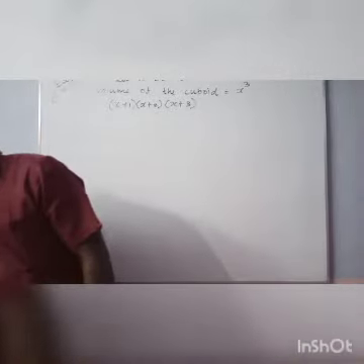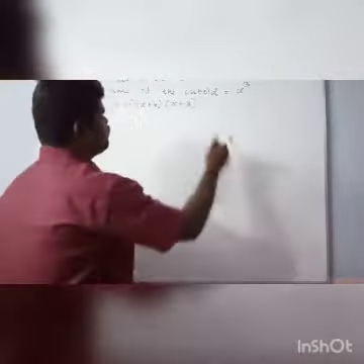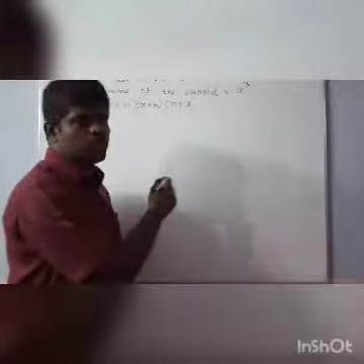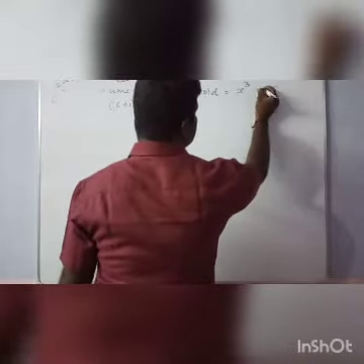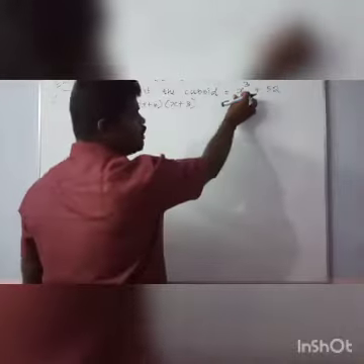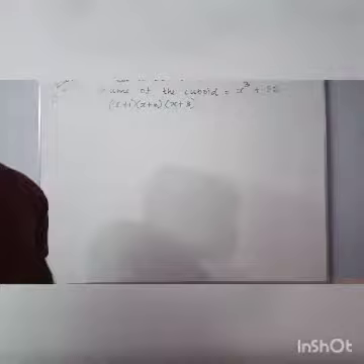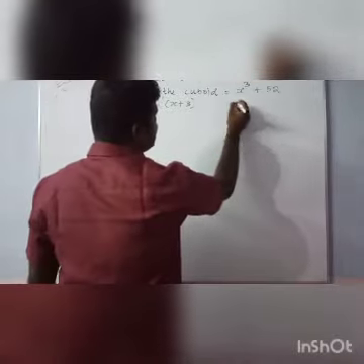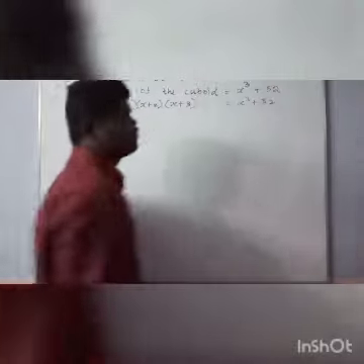And also the volume is increased by 52 cubic units. That's why we have to add 52 to the volume. This is the given concept. Therefore, equal to x cube plus 52.